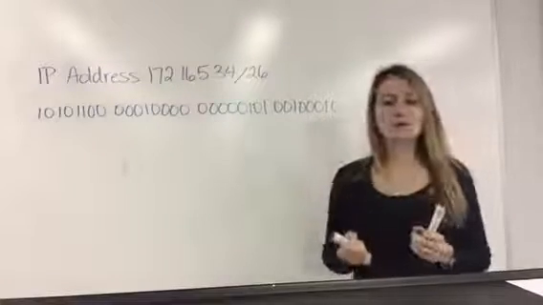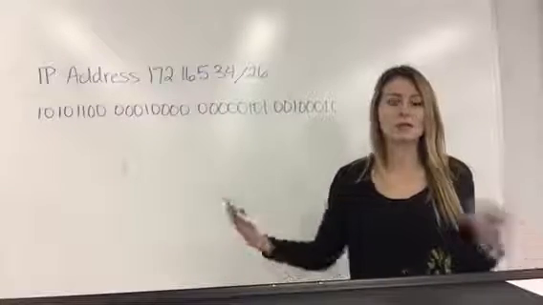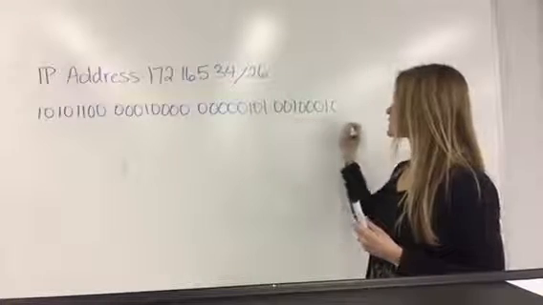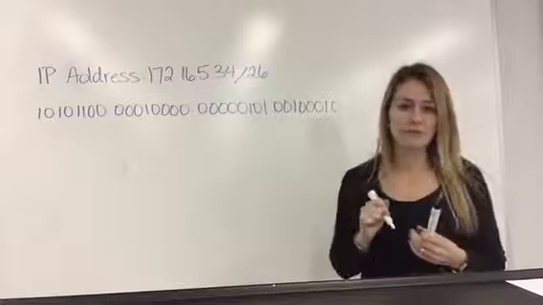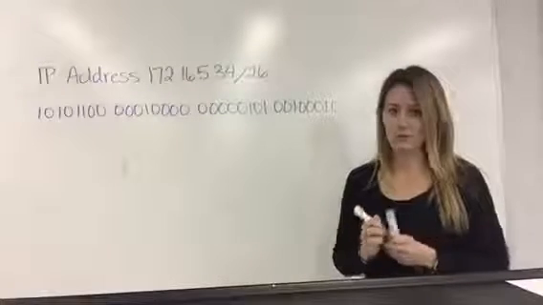In order to determine the network address, which is the most general address out of this IP and subnet mask, if we took the remainder of bits outside of that subnet mask and turned them into zeros, that's going to be our network address.